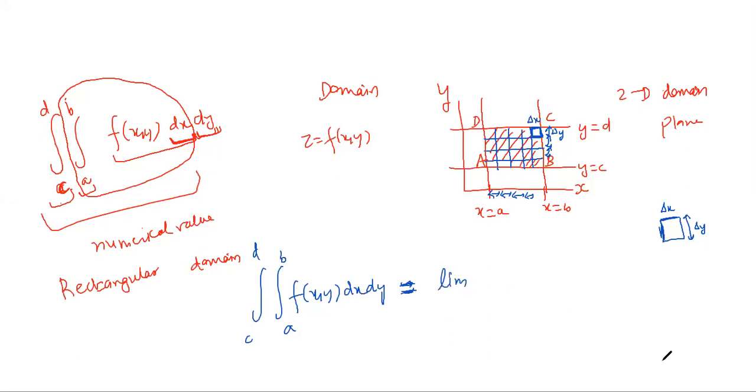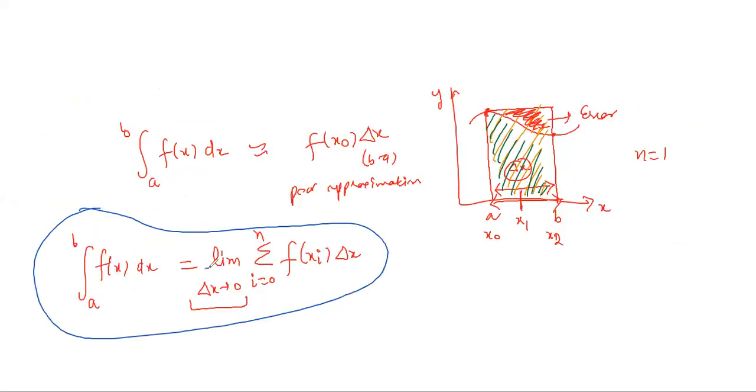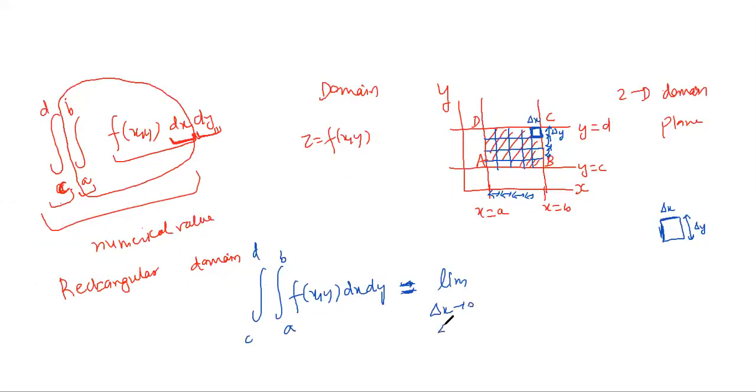Here the limit delta x goes to 0 and the limit delta y goes to 0, with the function values f(xi, yi) multiplied by delta x into delta y, right?